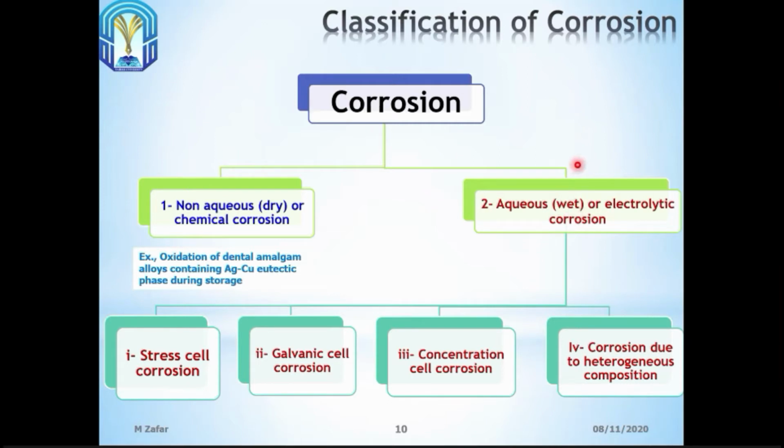So we are mostly concerned about this because in the oral cavity, we have aqueous environment. We don't have dry environment. So this can be further divided into stress cell, galvanic cell, concentration, and heterogeneous composition corrosion. So these are the causes and also groups of aqueous corrosion.